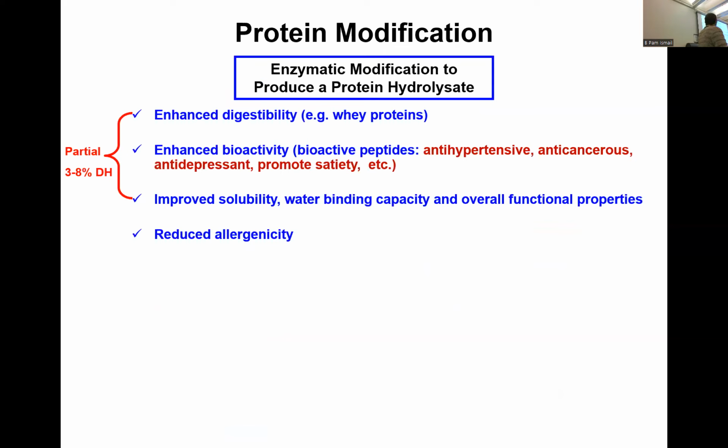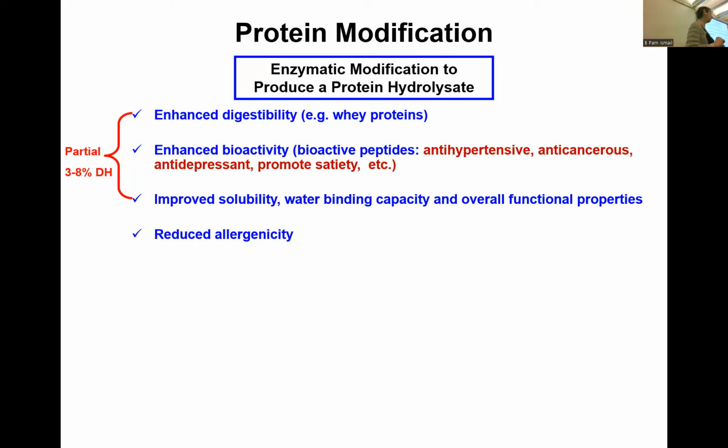It is used to produce bioactive peptides that could have physiological benefits, like antidepressant effects and promoting satiety. And also targeted improvement in functionality, improved solubility, like in hemp protein, where we were able to achieve a six-fold improvement in solubility, and other functional properties as well.